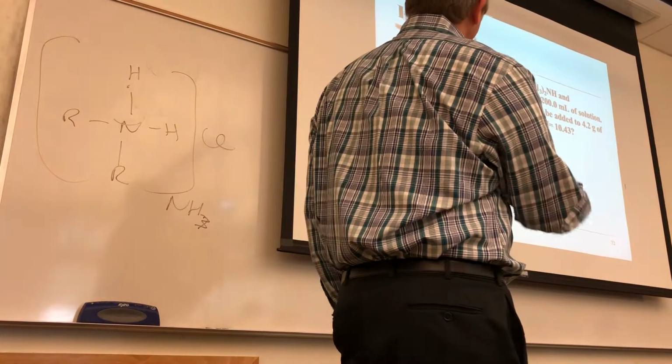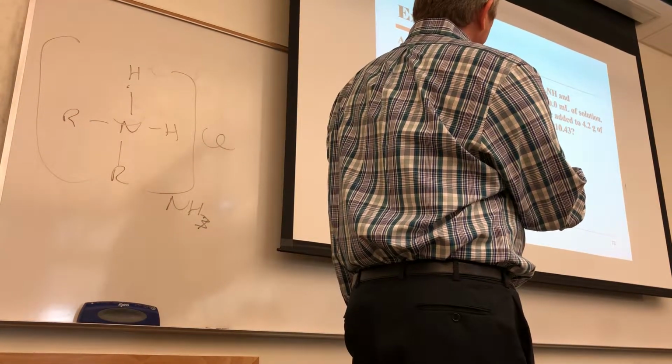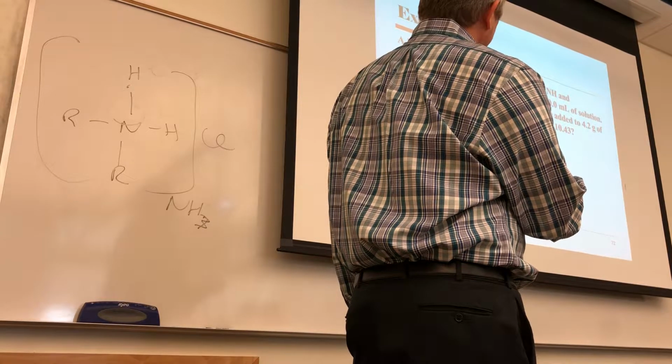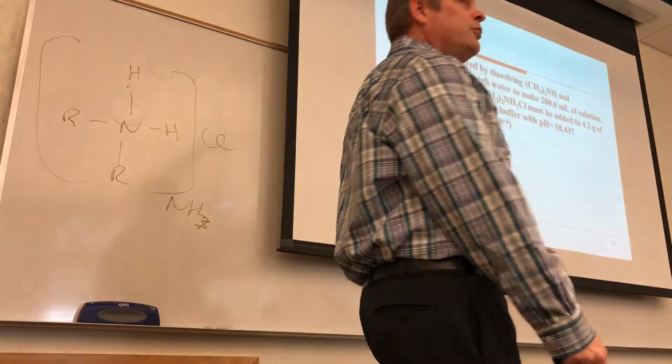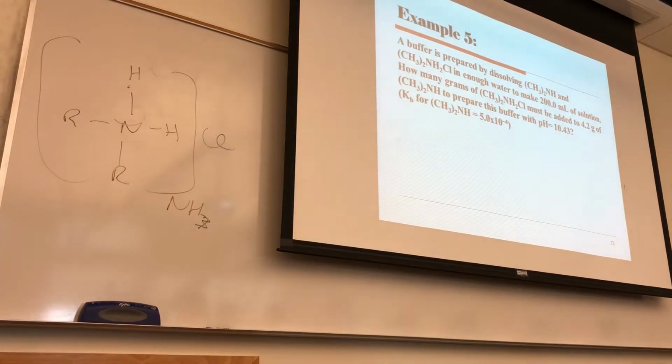Now, what do I do here from this point on? I want enough water to make this, so I put this together. Remember, we did something kind of like this already, right? How would I do this? Put it in the Henderson-Hasselbalch, and I can then figure out the ratio of A minus to HA.